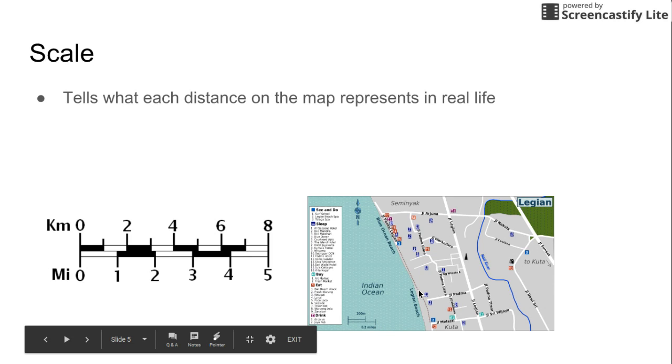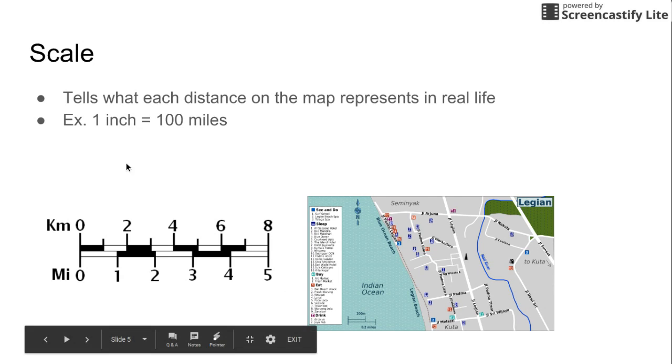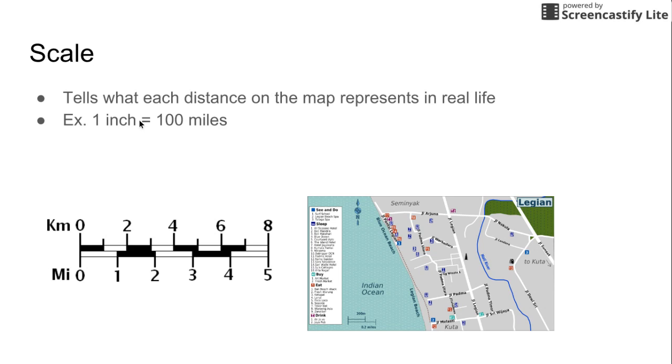So we could find the distance maybe between this symbol and this symbol using our scale on our map. Another example that's usually common that you'll see on maps is that 1 inch will equal roughly 100 miles in real life. So again, the scale simply takes the distance in real life and shrinks it down so that we could measure it on a map in the classroom, on the computer, or anywhere else.